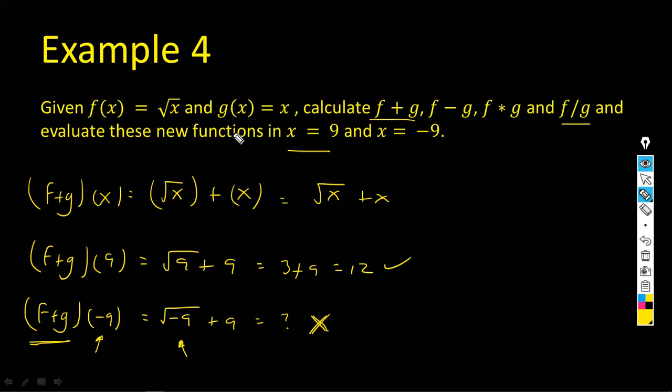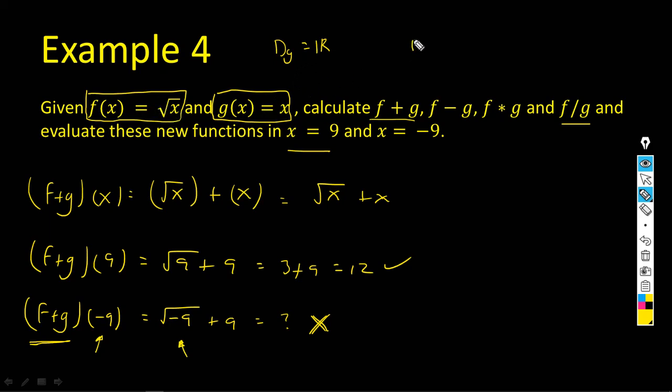Why? Let's go back here. Let's analyze the initial functions, this and this. I'm going to start with this one. What is the domain of g? The domain of g is all the real numbers, right? Because nothing weird is going to happen if I give g any real number. And what is the domain of f? f is the square root of x.